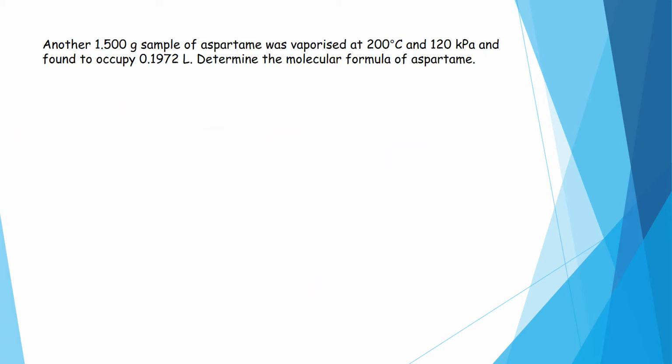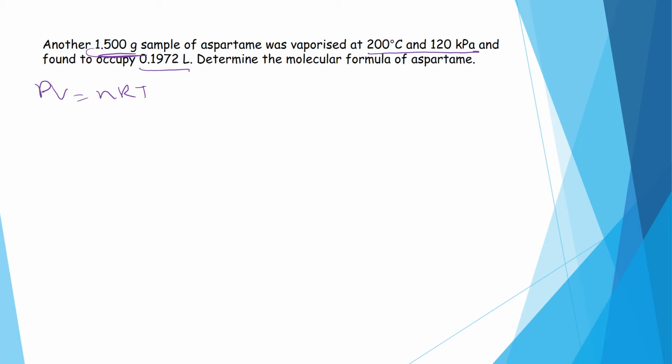Now in the second part of the empirical formula question, you're going to determine the molecular formula. We have a 1.5 gram sample being vaporized to occupy this volume. So we need to find a mole, so we're going to use PV equals nRT.